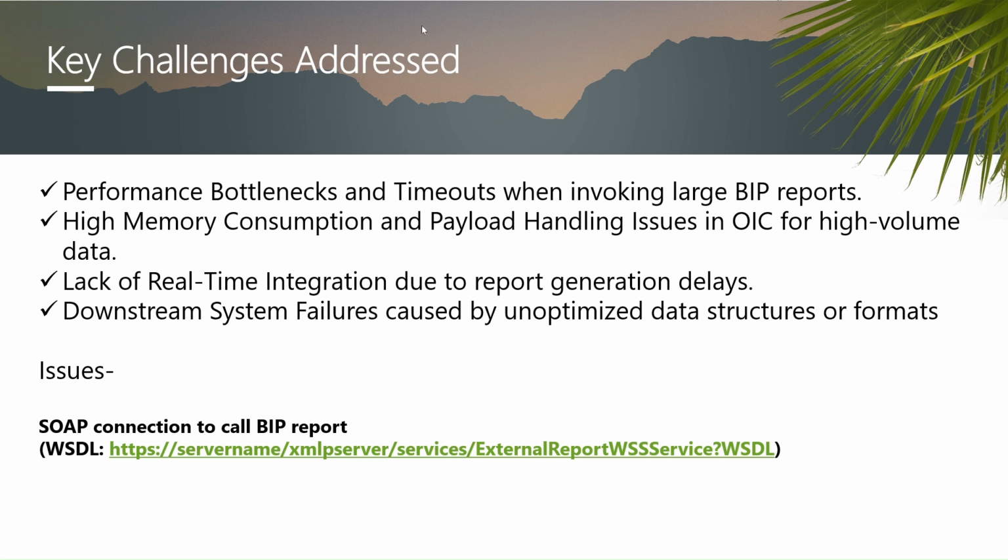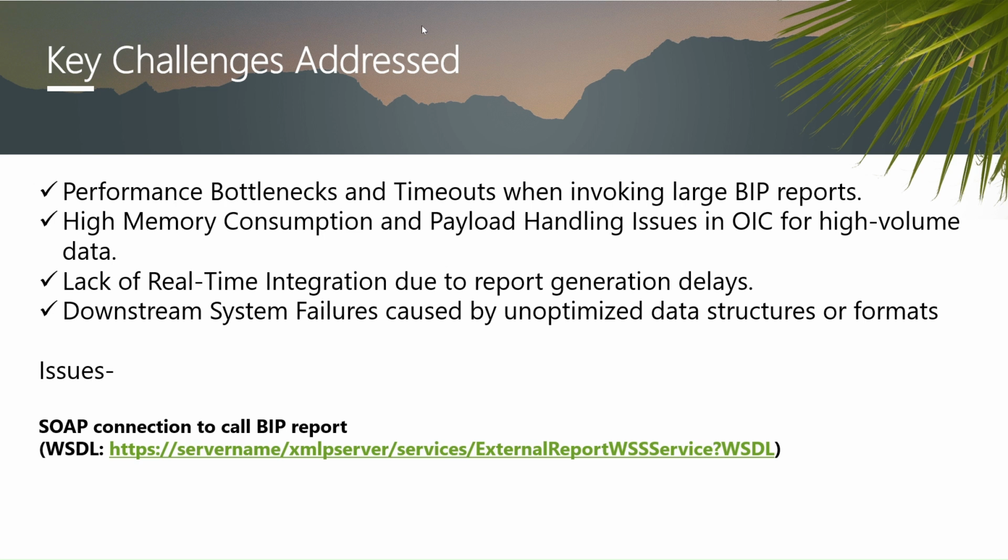So basically, BIP is highly flexible and can generate data in different formats like XML, CSV, JSON, or other formats. Okay, and also it has the capability to provide complex and nested XML structures. In case that format is different for the downstream application, you might face these kinds of performance issues.